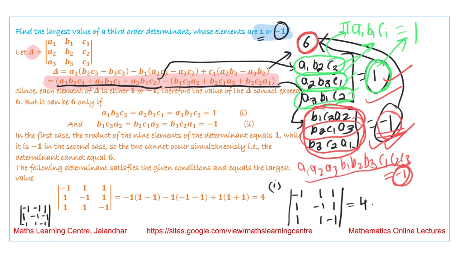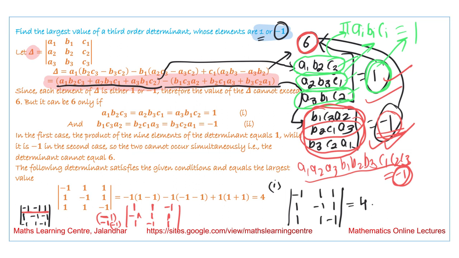Now, it seems like these two determinants are different, but look at the values over here. If I take minus 1 common from the first row, what will this row become? It will become 1, 1 and minus 1. Taking minus 1 common from the second row, it will become minus 1, 1 and 1. Taking minus 1 common from the third row, it will become 1, minus 1 and 1.